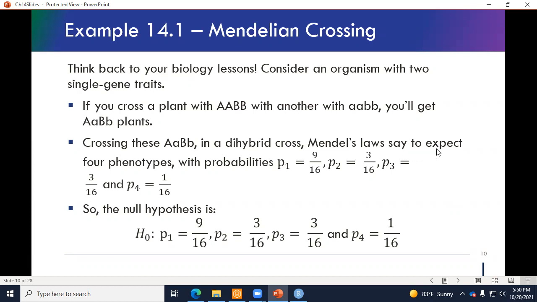it says the expected phenotype probabilities are P1, P2, P3, and P4. This is what we believe about the probabilities for each of the 4 categories, and that's our null hypothesis.